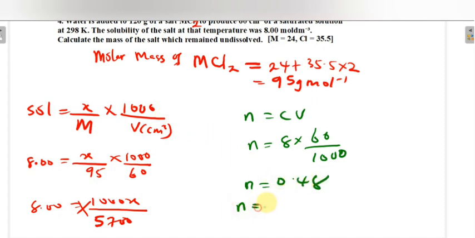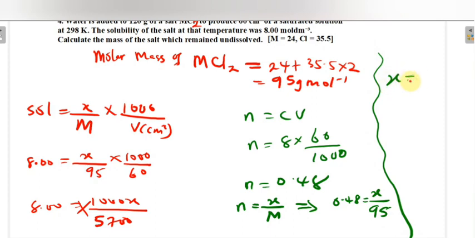Number of moles is equal to reacting mass all over molar mass. So from here we can say that 0.48 is equal to the reacting mass x all over the molar mass, which we calculated as 95. So from here we can say that x is equal to 0.48 times 95. It's equal to 45.6. So x is equal to 45.6.